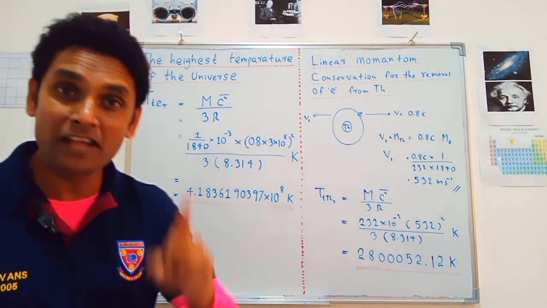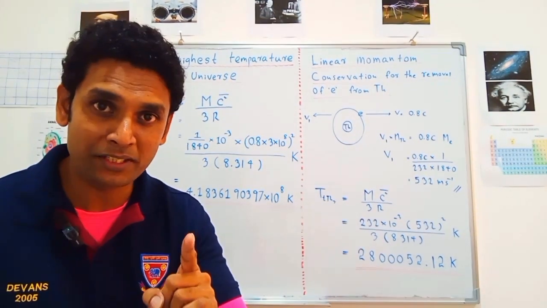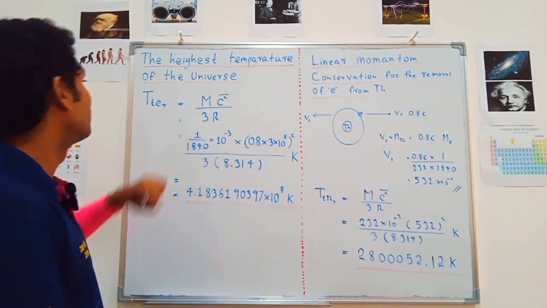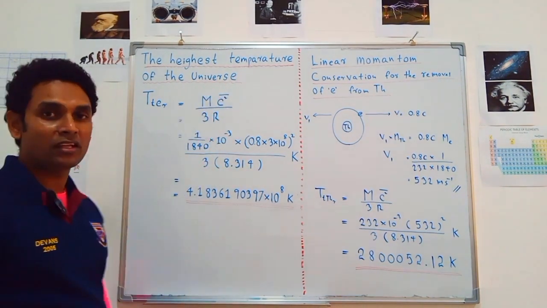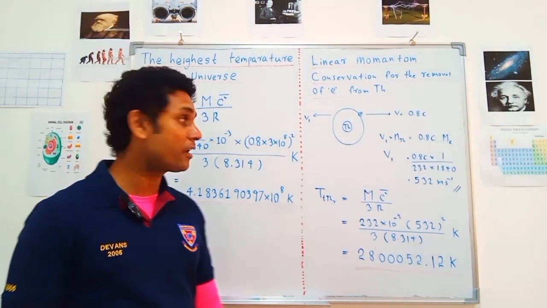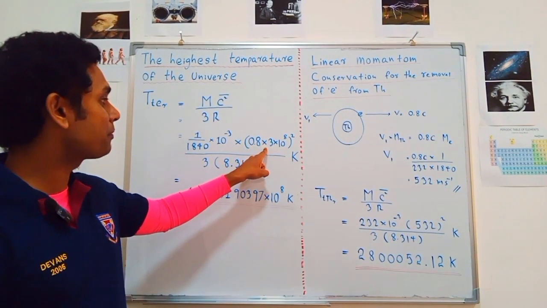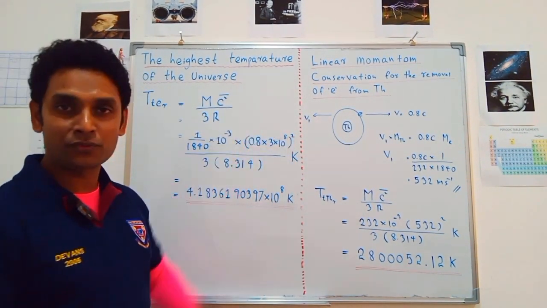Now we can apply that particular speed to the equation again. T is the molar mass of the electron times c bar squared. For c bar squared, we can apply 0.8 multiplied by the speed of light, squared.